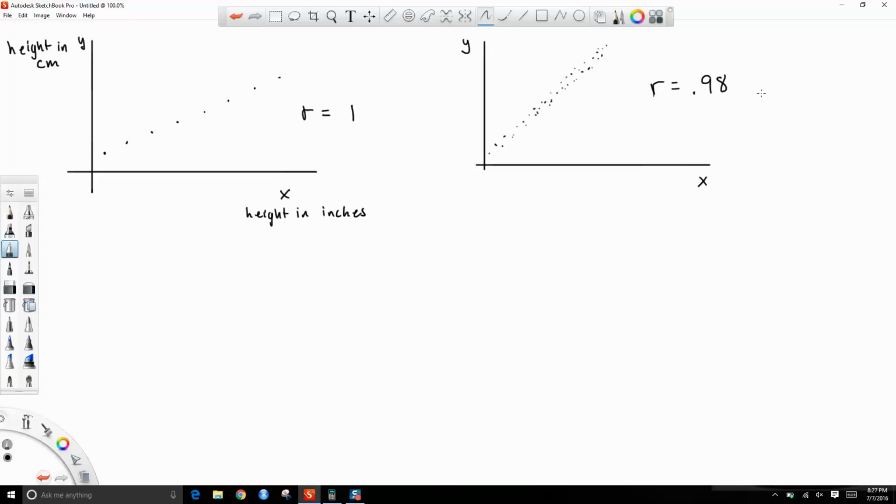An example given in the textbook is, we look at our sample as different countries, and we're looking at X, the life expectancy for men, and Y, the life expectancy for women.